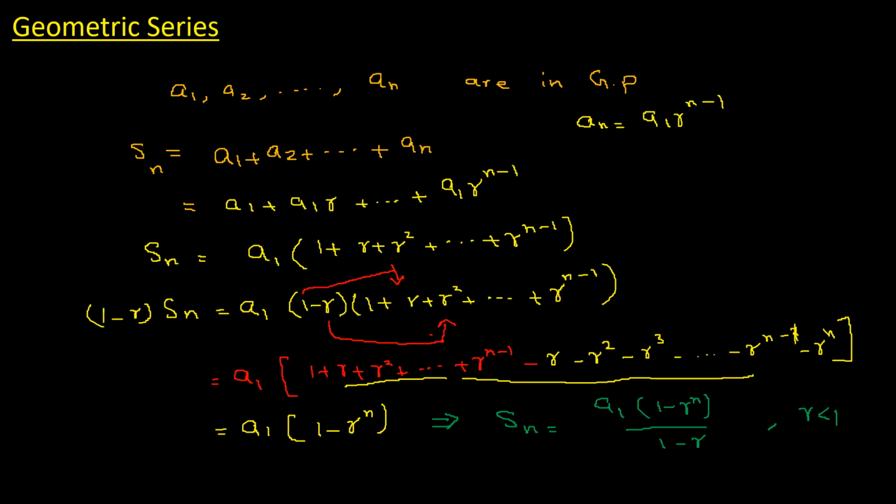So actually we have to say this r mod is less than 1. So if r mod is greater than 1, then Sn will be equal to a1 into r raised to power n minus 1 over r minus 1, for r mod greater than 1.